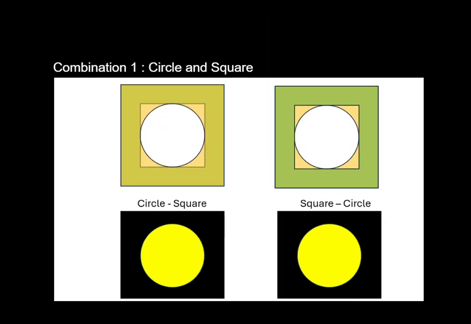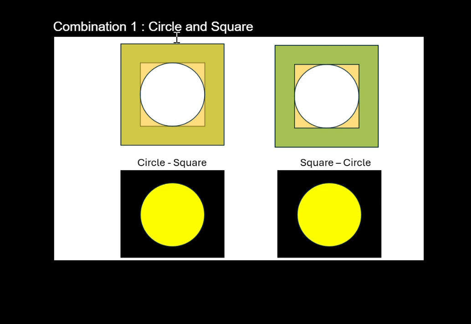So look at the first combination. What happens if I put a square and a circle together? In this case, object A is the circle, object B is the square. When the light goes through object A, the circle will block out all the light except the circle, where the light can pass through.